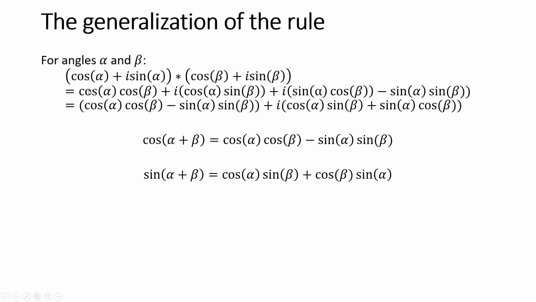So it is cosine of alpha plus i sine of alpha, times cosine of beta plus i sine of beta, and simplifying it, we may notice that cosine of alpha plus beta is cosine of alpha times cosine of beta minus sine of alpha times sine of beta, and sine of alpha plus beta equals cosine of alpha times sine of beta plus cosine of beta times sine of alpha.